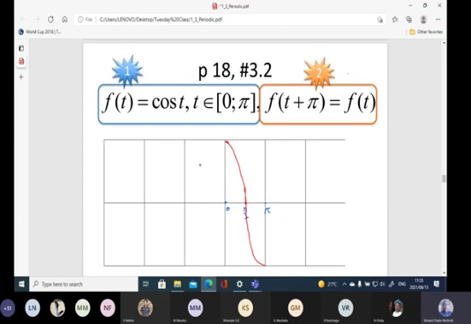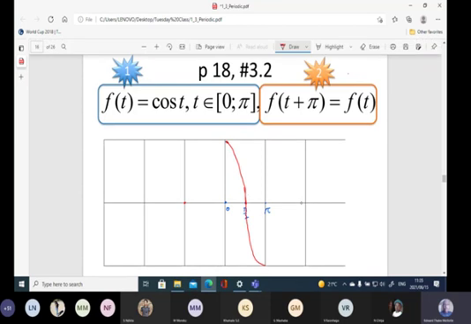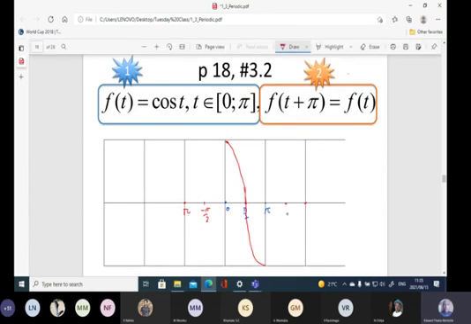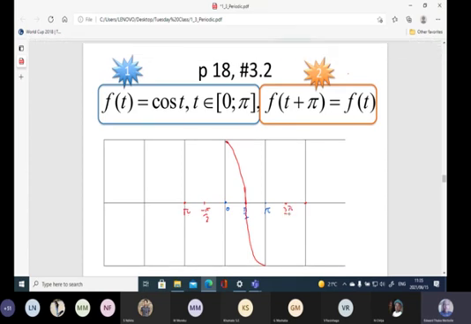Okay, and then from there you repeat this graph that you have between 0 and pi. So you can repeat it to show that it's a repeating function. So this is minus pi over 2, this is pi, and here you will have 3 pi over 2 and 2 pi.